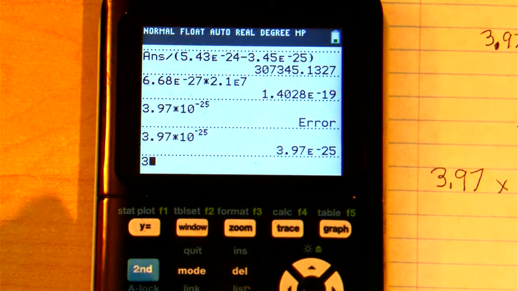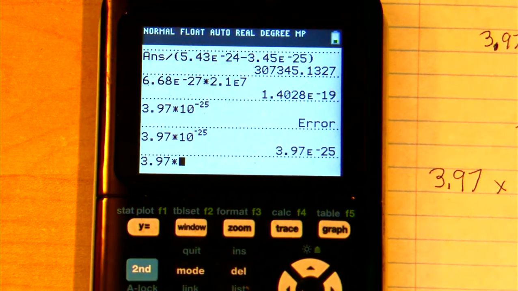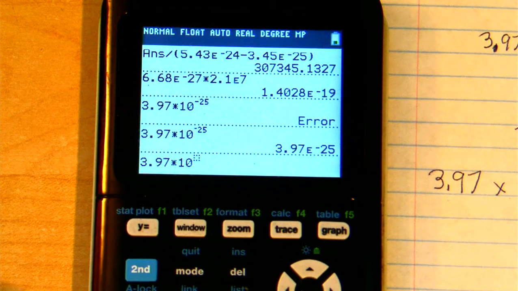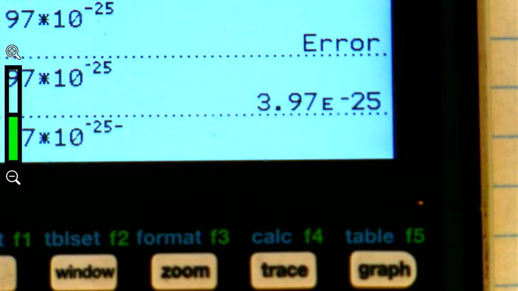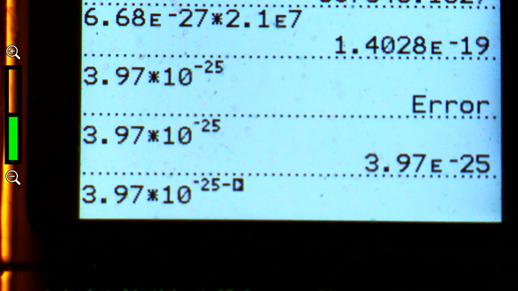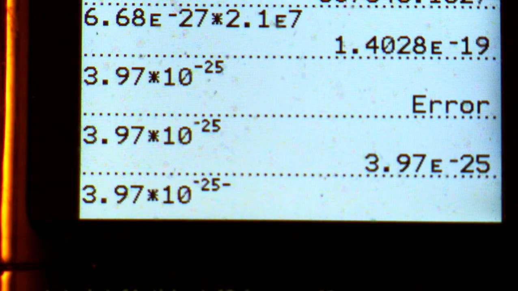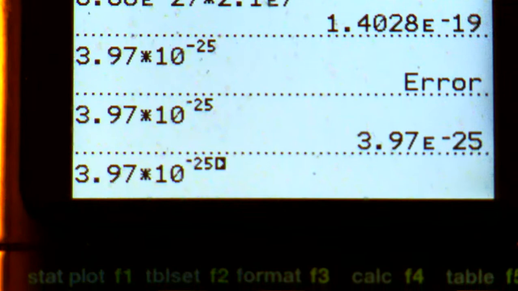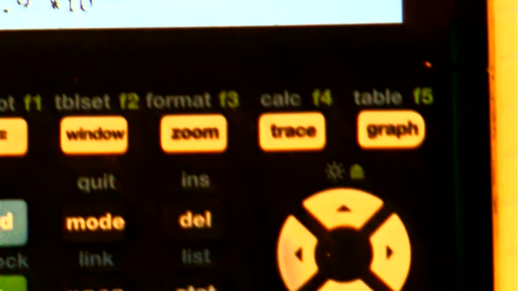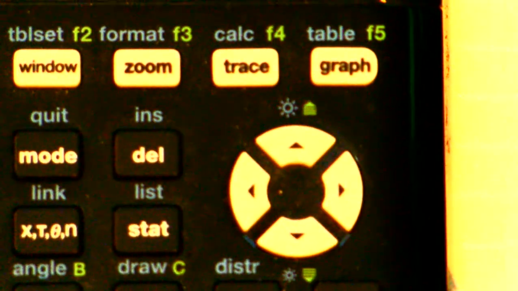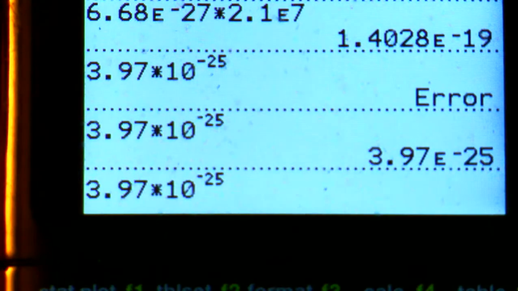So here we go, 3.97 times 10 caret exchange 25 minus, okay, so with a TI 84 plus color edition, it doesn't automatically get you out of the superscript thing. So I'm going to delete this exchange key. And now I have to use the right arrow key to get me out of the exponent. There, okay.